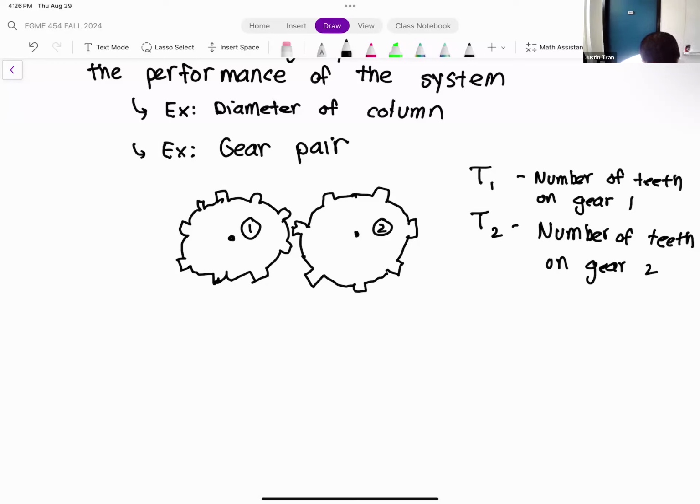We have the width, or the depth into the page. We call that depth B. We have the distance between the two gear centers. We'll call that lowercase d.